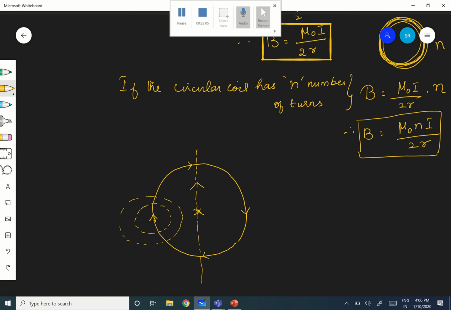You can find the direction of the field at the center of the coil, and you can also use this right hand rule. If you hold the current carrying coil in the grip of your right hand, like this, one side I am holding, what is the curvature of the fingers?